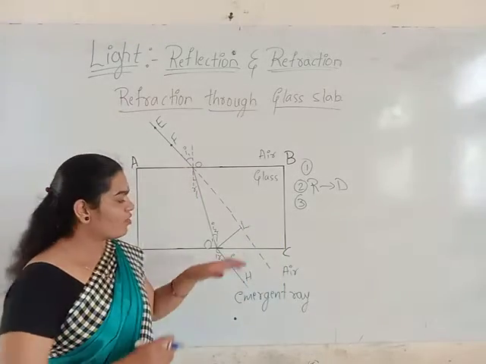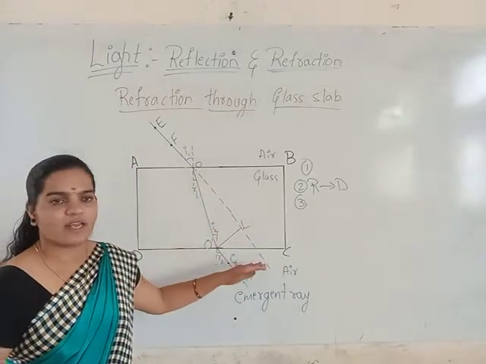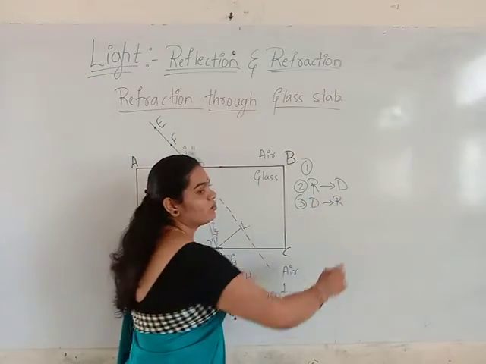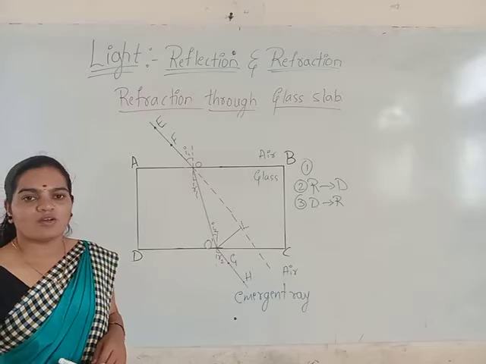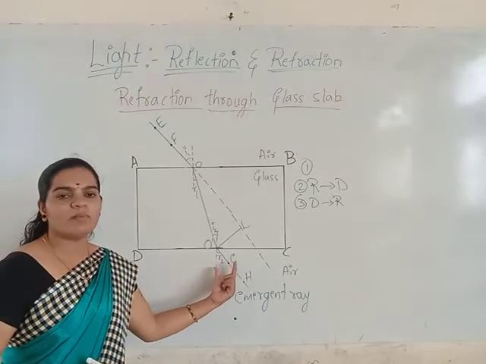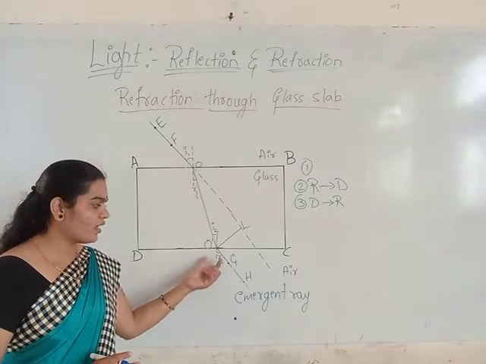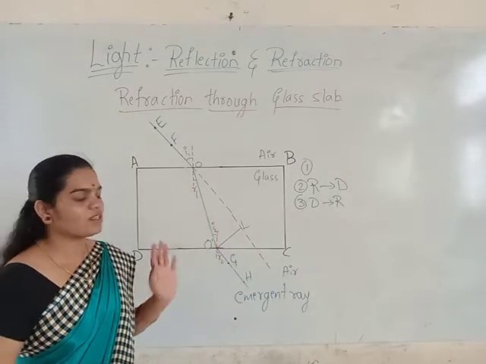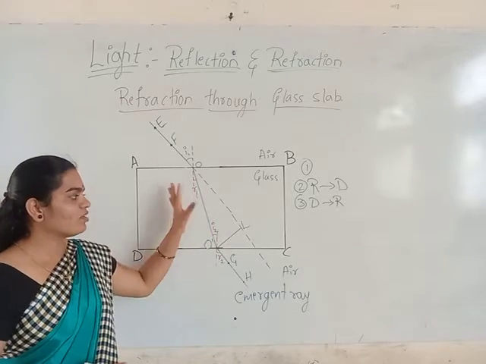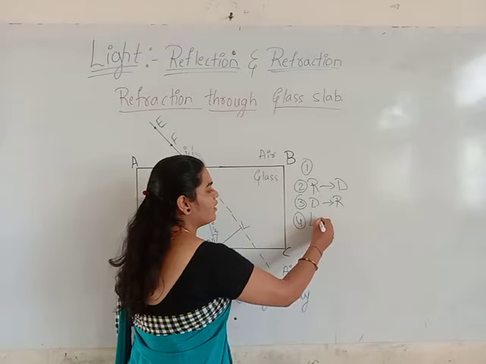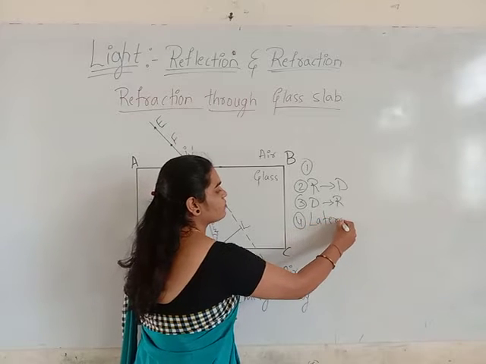When the light travels from denser medium to the rarer medium, what happens over there? How does the light behave? It moves away from the normal. The light ray moves away from the normal here. Okay, these 3 points are clear. After that, the fourth point should be the lateral shift.